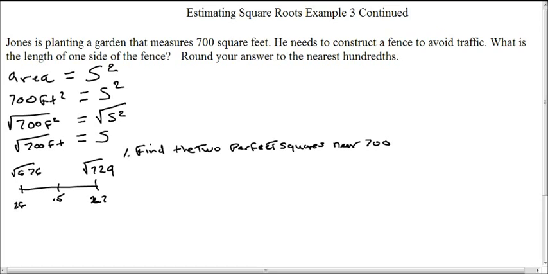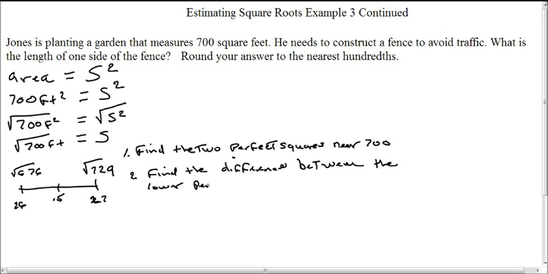Now what we need to do is find the difference between the actual number we're looking for, which is 700, and the lower perfect square. So the second thing we want to do is find the difference between the lower perfect square and our non-perfect square.